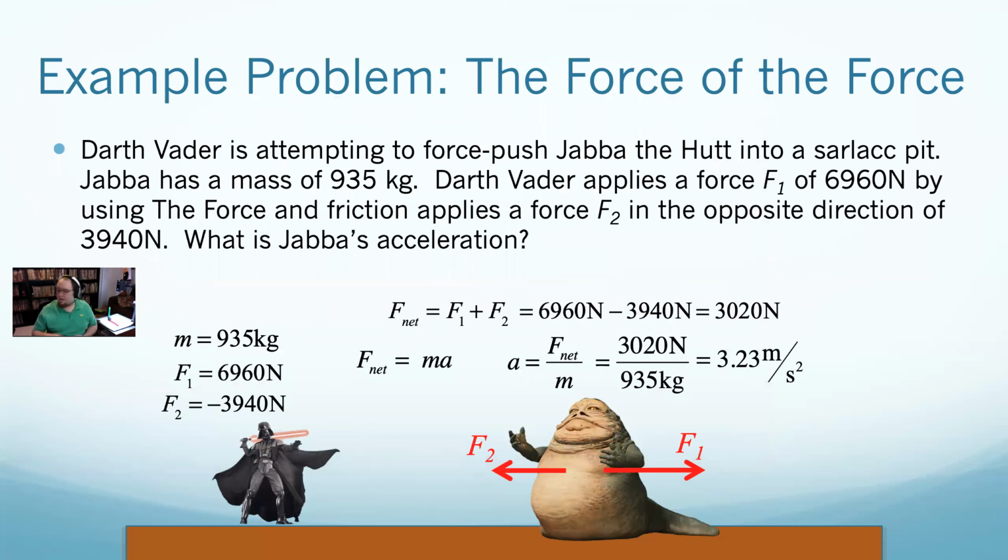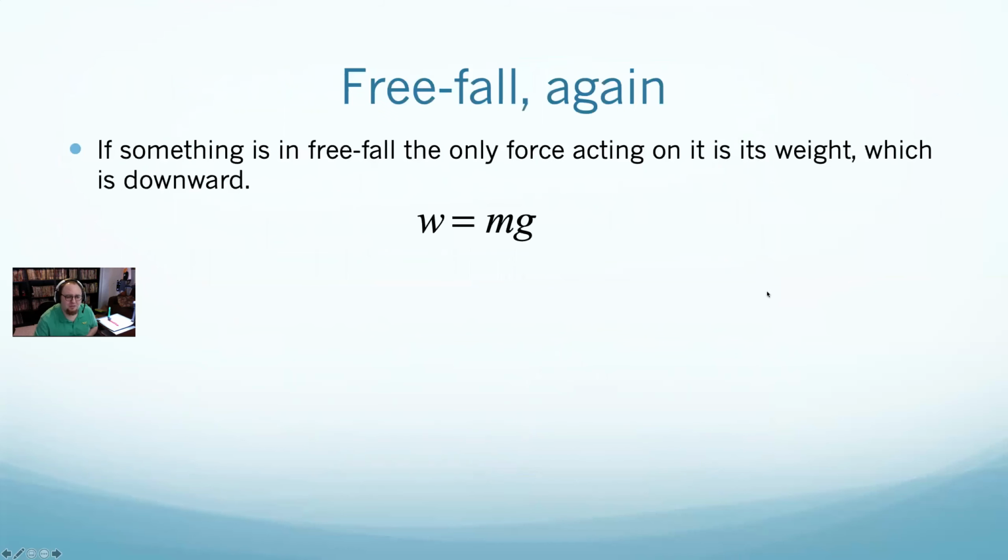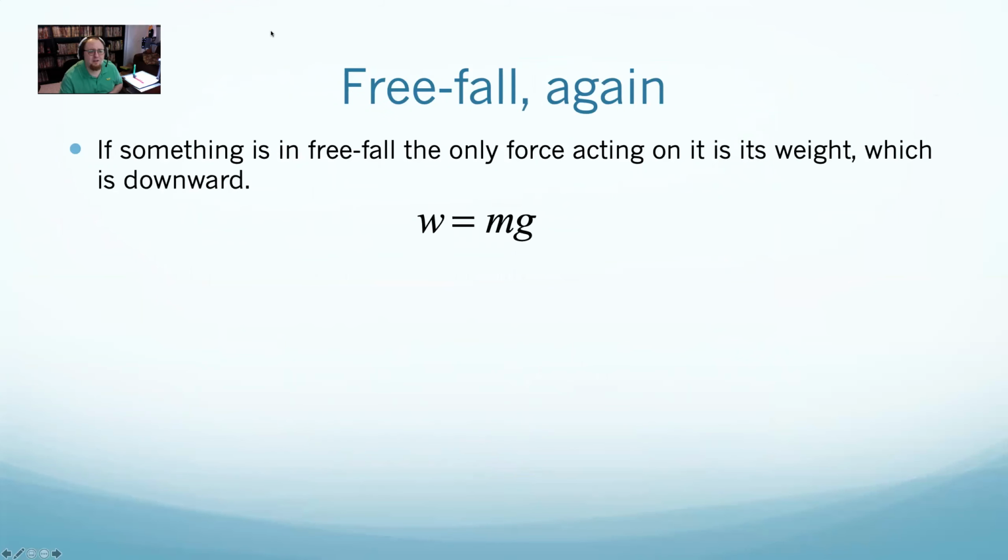Okay. Let's go back to free fall from last chapter. I said in free fall, everything falls at a rate of 9.81 meters per second squared. That everything accelerates downwards at the same rate. And I said it didn't matter the mass, that no matter how heavy it was, everything fell at that rate.